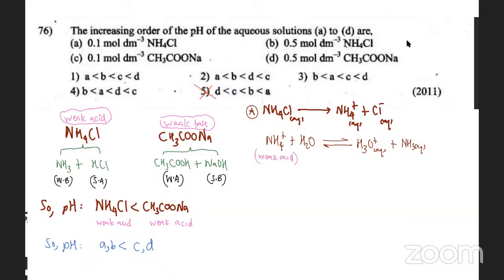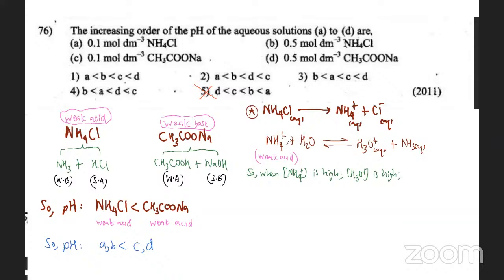So from this we can conclude something, people. When the ammonium concentration is high, the H3O+ concentration is going to be high, because if I have more ammonium ions, I will get more H3O+ ions.